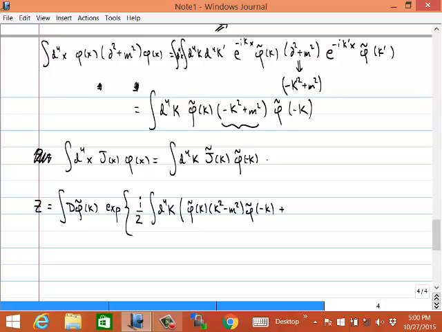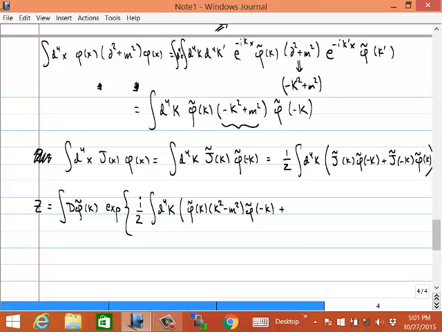And I'm actually going to write this as the sum of two terms just to make everything a little bit more democratic looking. I'm going to write this as 1/2 times the integral d4k of j tilde of k, phi tilde of minus k, plus the same thing with k going to minus k. You can easily see that that's true.